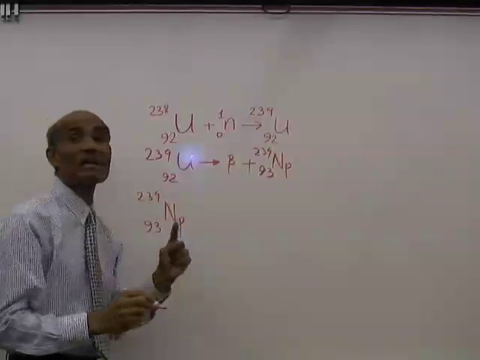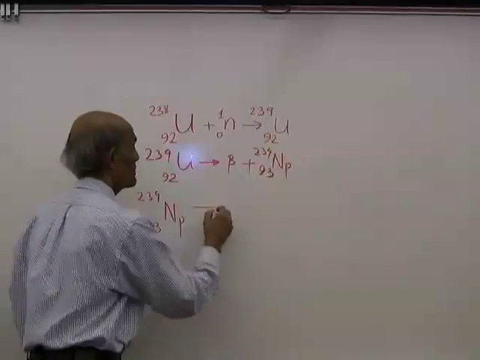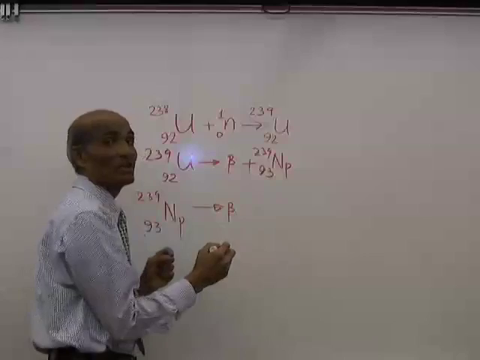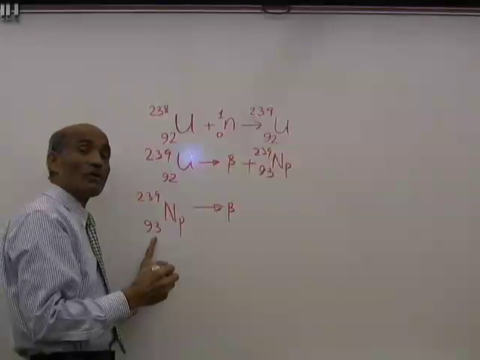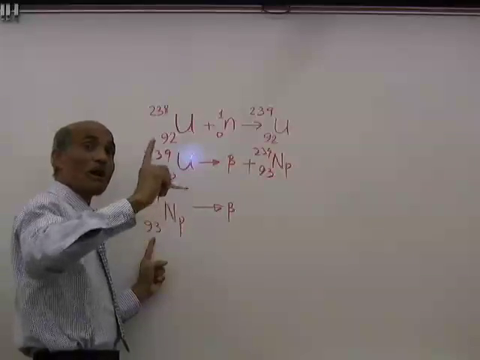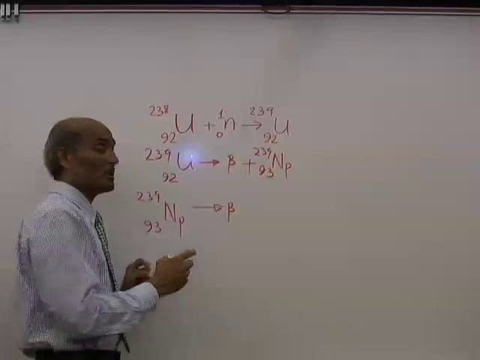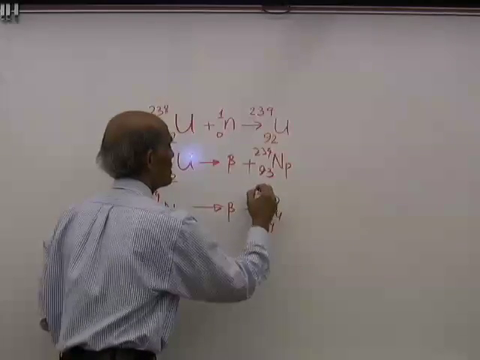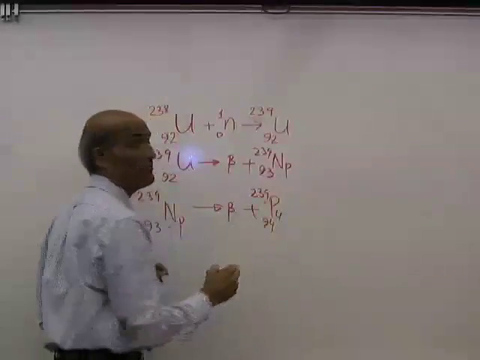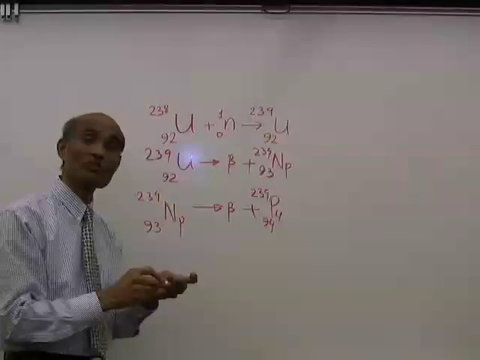Now, this neptunium-93-239 is again beta active. It will emit a beta radiation. The result is an element 1 unit higher than neptunium, which will be plutonium-94-239. Now, this is the process.